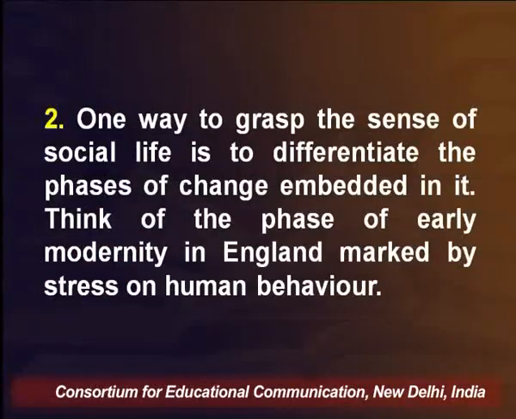And what is the second point? One way to grasp the sense of social life is to differentiate the phases of change embedded in it. So you want to understand, let's say, the 19th century, then you go to the differentiation. You find the difference between today and that time. That's one way. And when you see the difference between the 19th century conditions and the 20th century conditions, then you start wondering, you start thinking about what made those changes.